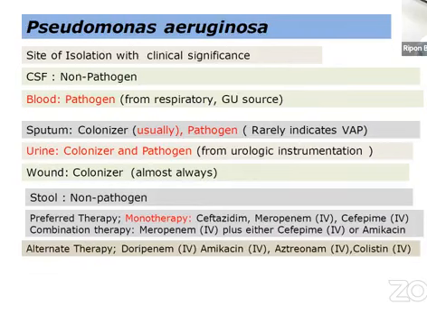In that case, we must consider different factors of the patient, including immune status, age, like this. The preferred therapy is ceftazidime, meropenem, cefepime, and in combination therapy, meropenem plus either cefepime or amikacin. Doripenem, amikacin, aztreonam are the alternative therapy.